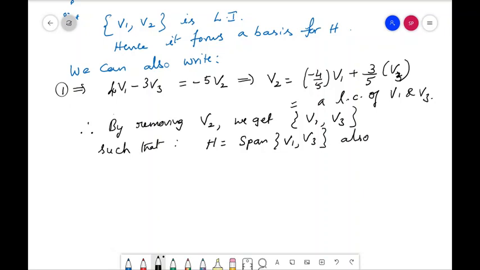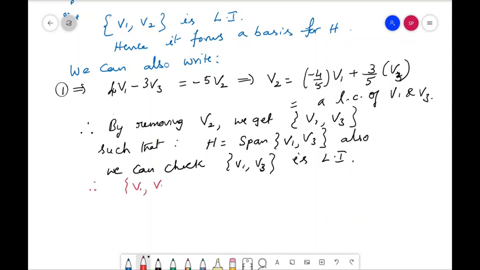Also, we can check v1, v3 is linearly independent, the same way you checked v1, v2. So therefore the set containing v1, v3 is also a basis for H.